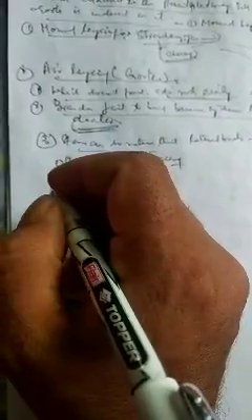Now how is this practiced? In this method, the stem branch is girdled, that is, a ring of bark is removed. For example, if this is a branch, we remove a ring of bark from it. We make an injury in such a way that we make a slit at an upright angle.